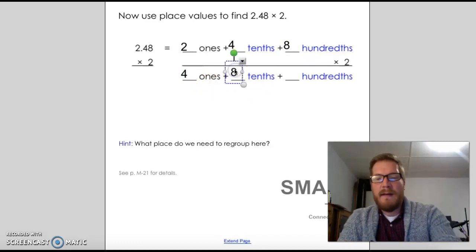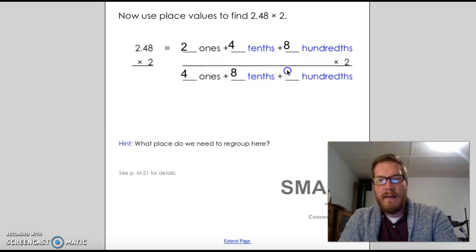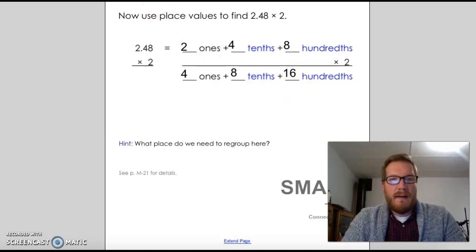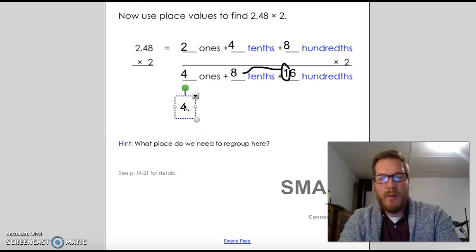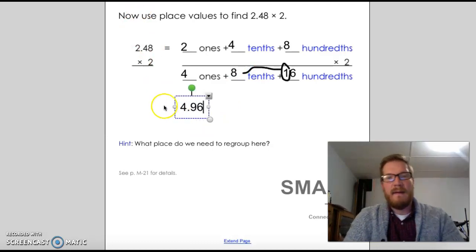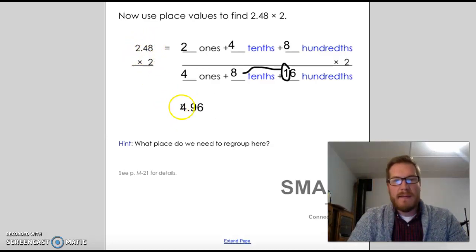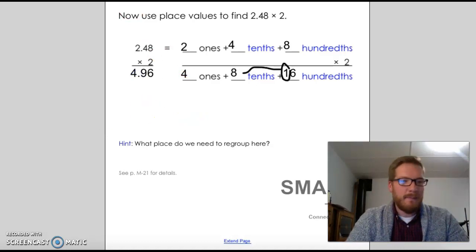We'll have 8 tenths, and then we'll have 16 hundredths. And because we can't have more than 9 in any of these values, we're going to have to regroup and move over here. So we'll move that 1, and then that's going to end up giving us 4.96. And so we can say then that 2.48 times 2 would give us 4.96.